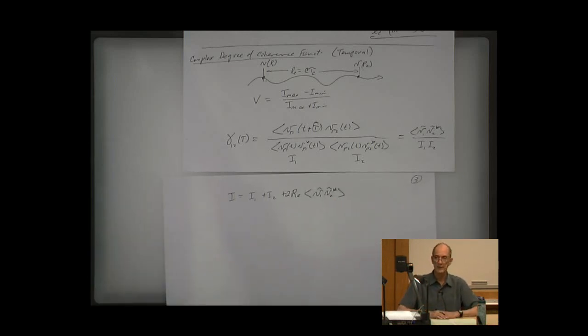That's really what that interference term is. It's the correlation of those two fields that are overlapping and producing the fringe that we're measuring. All right?